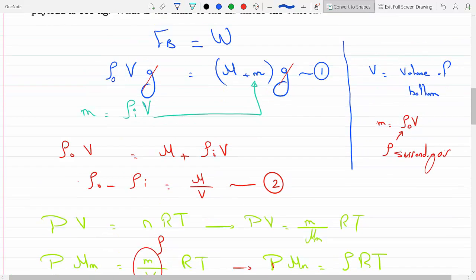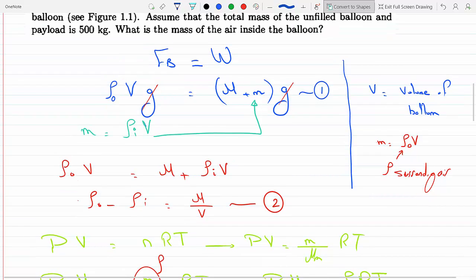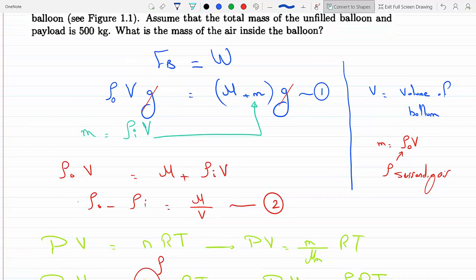The simplest way to do this would be to start with the buoyancy force balancing the gravitational force, and then go from there. Basically what I did, in summary, is I balanced the gravitational force with the buoyancy force. Buoyancy force has in it the density of the air outside and the volume of the balloon. The weight has in it the density of the air inside times the volume of the balloon.